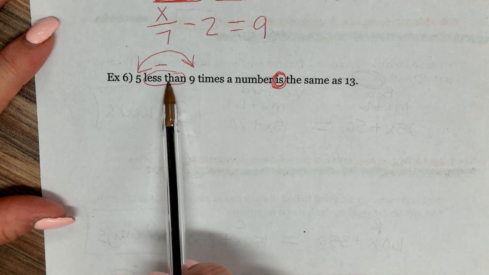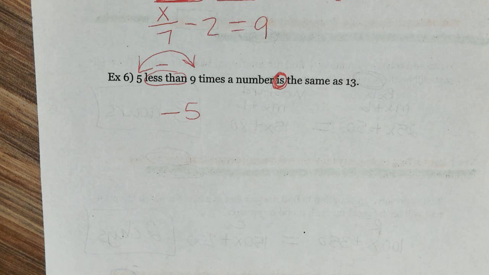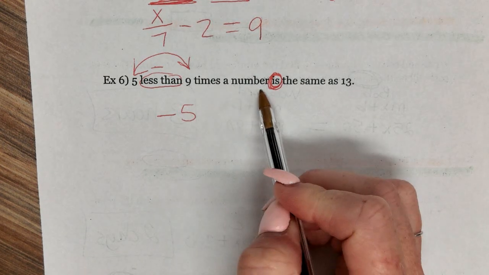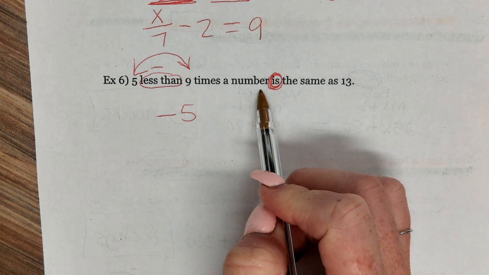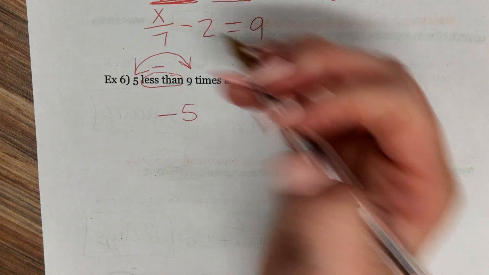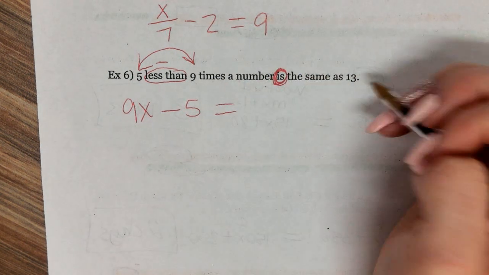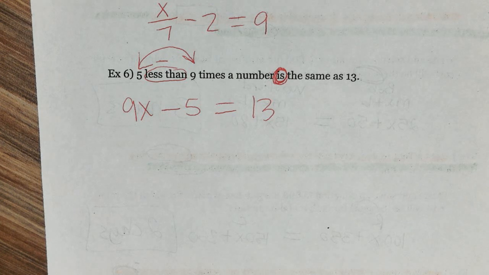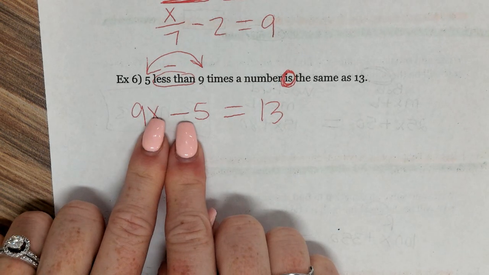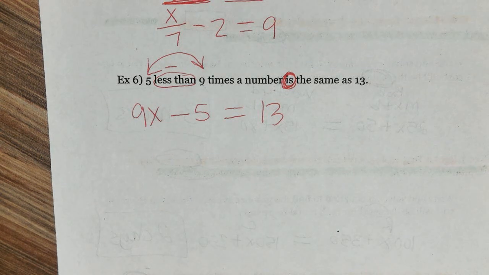So it's not 5 minus, it's something minus 5. 9 times a number. How would I write 9 times a number? 9x in front. And then is, so equals 13. And then I would solve that in my calculator. So the left side would go in y1, the right side in y2, second trace option 5, enter, enter, enter.